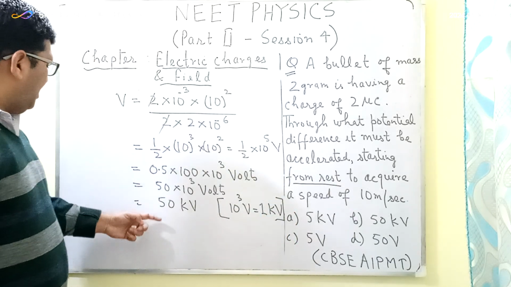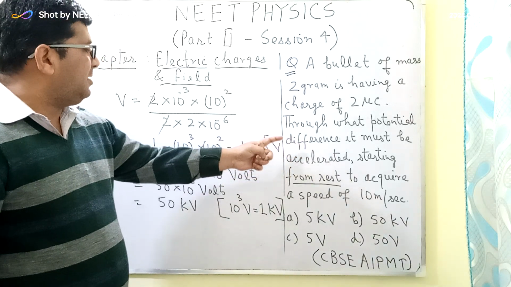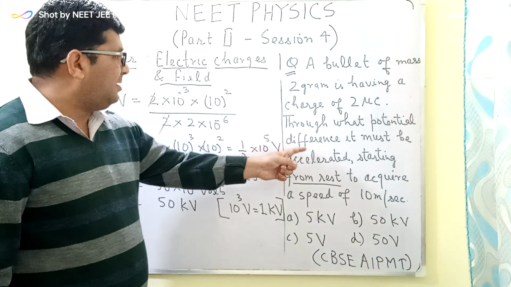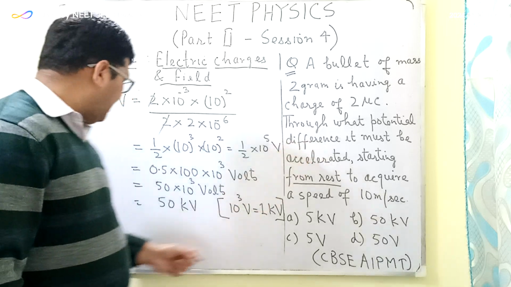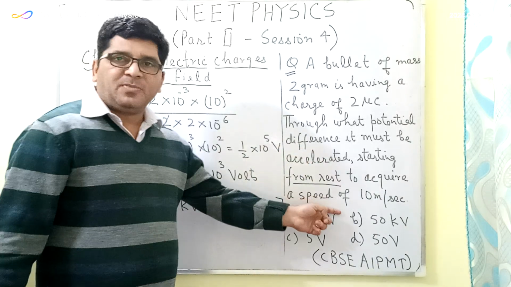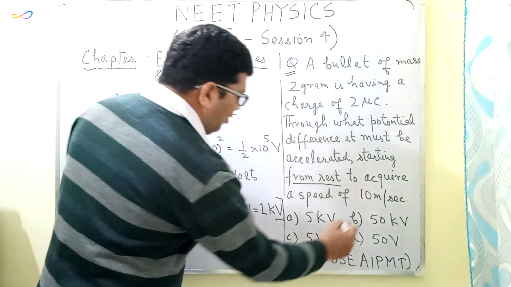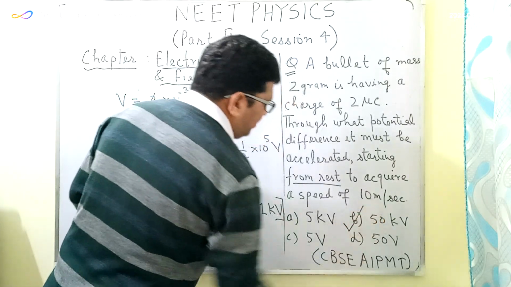So this bullet should be accelerated through a potential difference of 50 kilovolt in order to acquire a speed of 10 meter per second. So here the correct option is B.